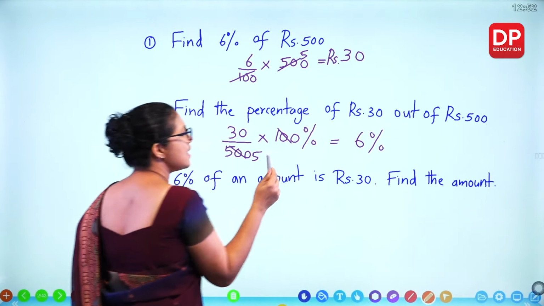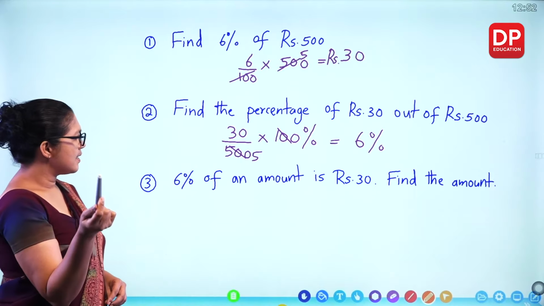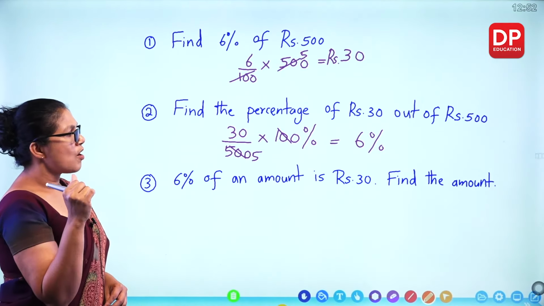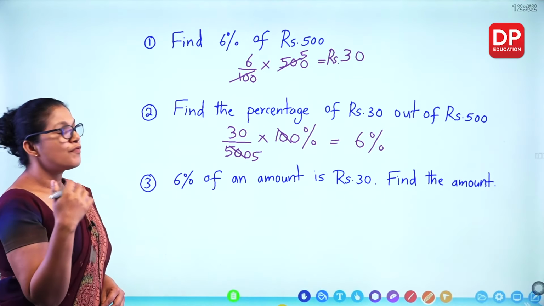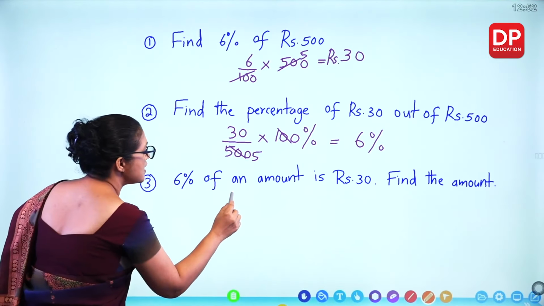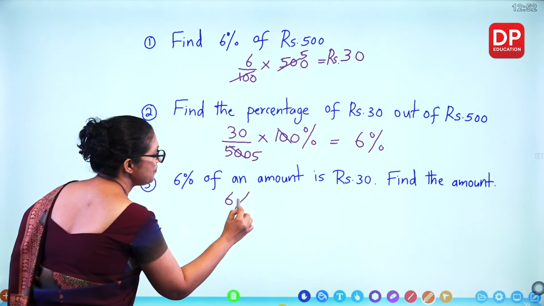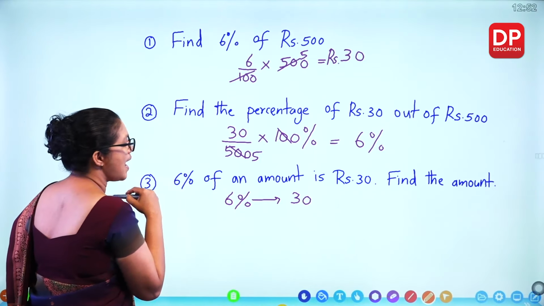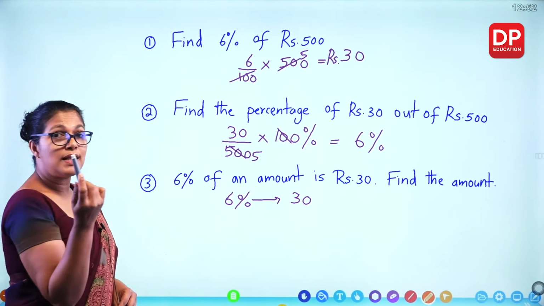Same question in a different way. The third one, percentage and the part of the amount is given. You are asked to find out the total amount. So it's given 6% represents 30 rupees and you are asked to find out the total amount.